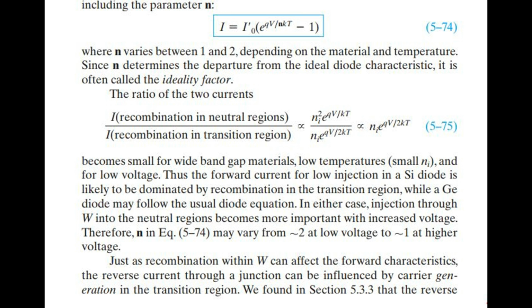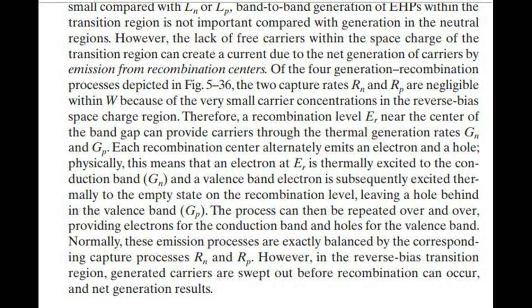Just as recombination within W can affect the forward characteristics, the reverse current through a junction can be influenced by carrier generation in the transition region. We found in section 5.3.3 that the reverse saturation current can be accounted for by the thermal generation of electron-hole pairs within a diffusion length of either side of the transition region.